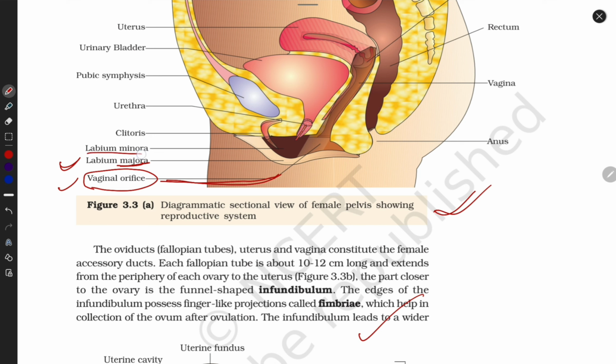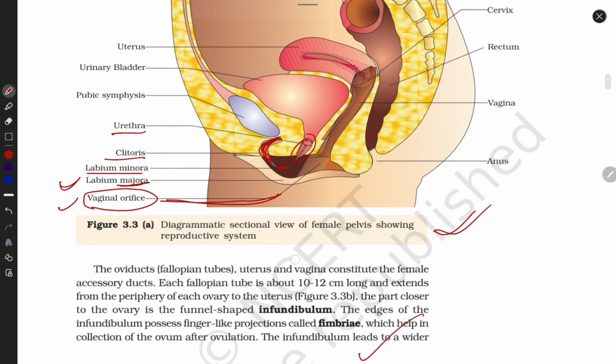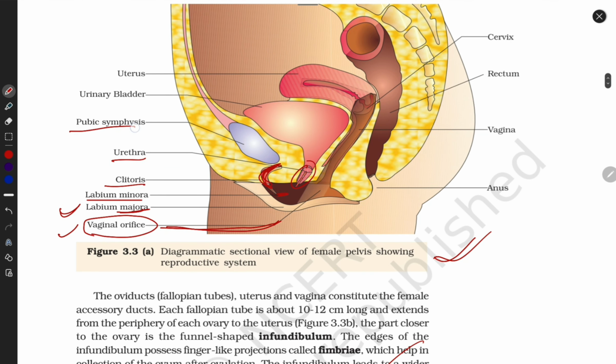Now labia minora, inner. This is the clitoris junction point. Here is the urethra, where you can release your urine. Here is the pubic symphysis. Remember these names.